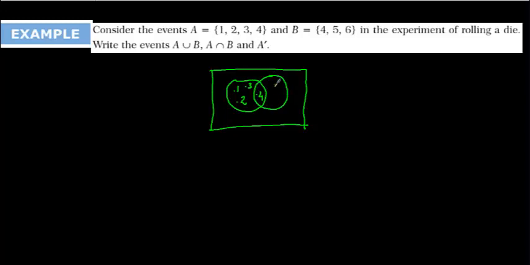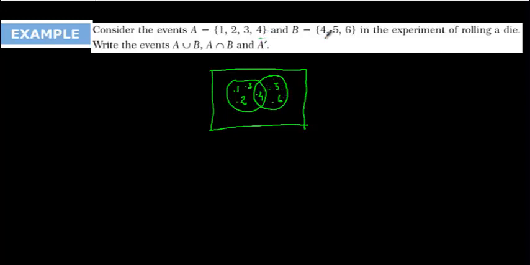If I write the set here, this is the sample space. In the sample space there are two events, and the first event has 1, 2, 3 and 4. In the second we have 4, 5 and 6.